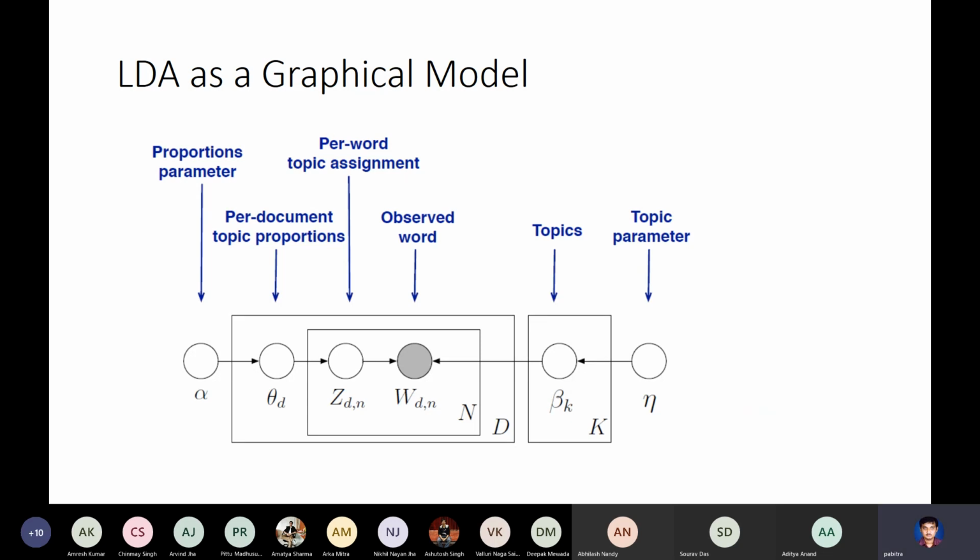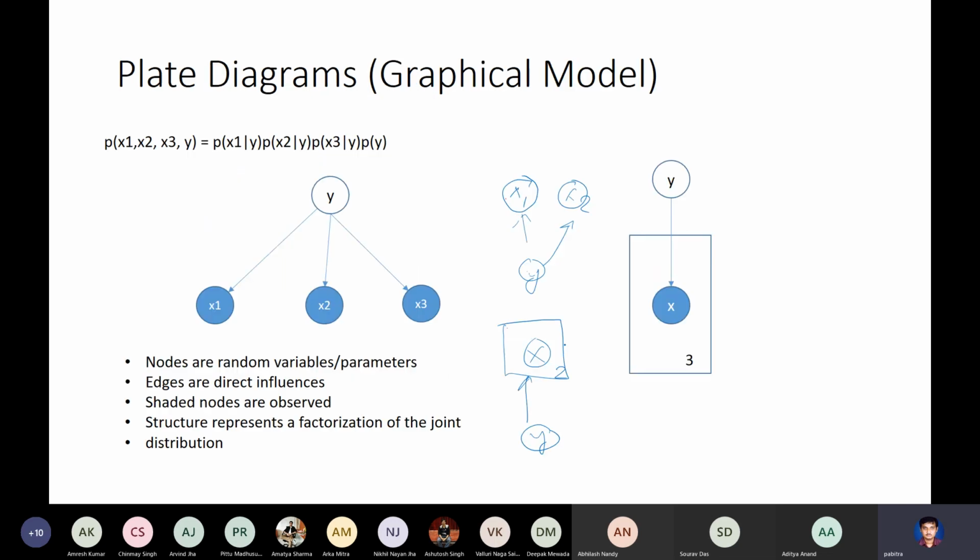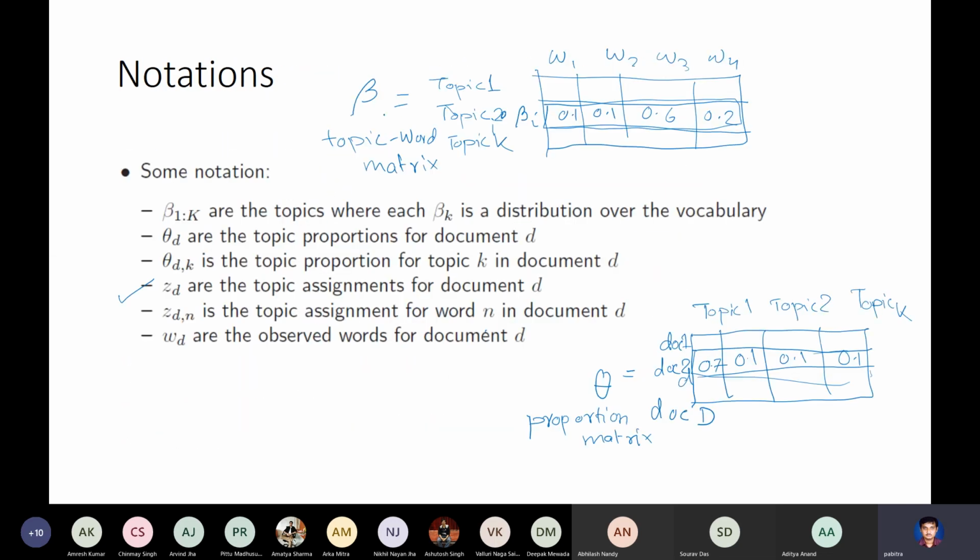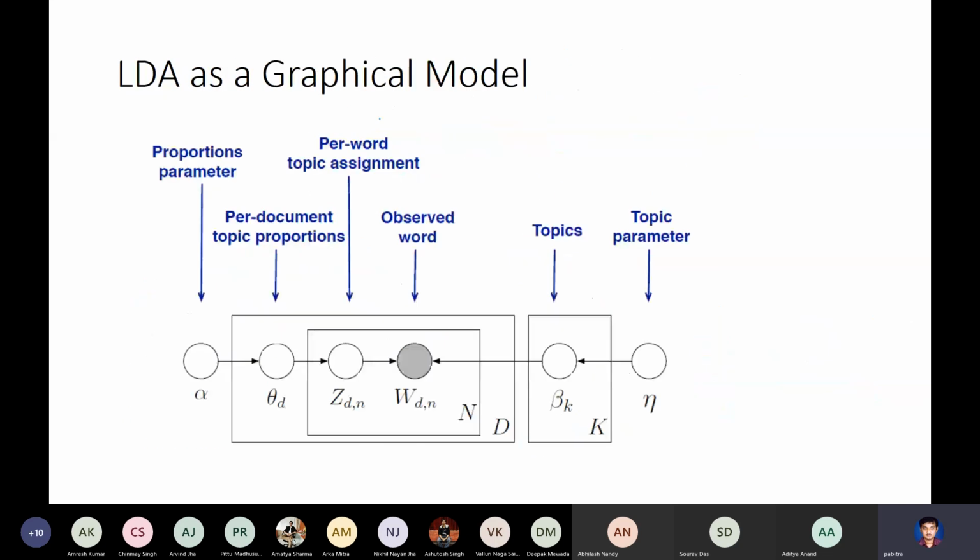Let me explain what it is. You see this beta; if you remember, this beta is the topic versus word distribution. See, finally, what are we generating? We are generating the nth word. Let us first look at the random variables.